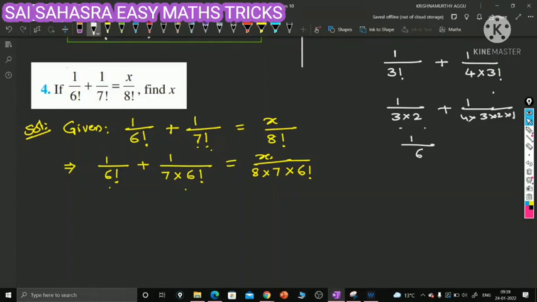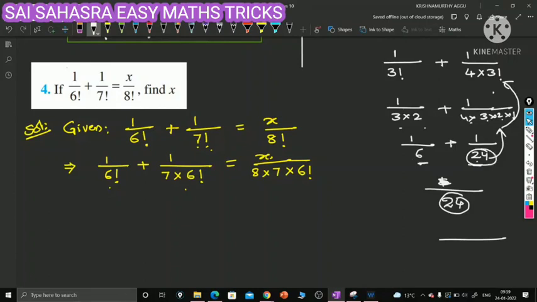Further, 3 into 2 will be 6, plus 1 by 4 into 3 into 2 into 1 will be 24. And LCM will be LCM only, don't write the numerator. What is the LCM of 6 and 24? 24 is the LCM. What does that mean? 24 can be written as this one only. So in the denominator what you are going to get is 24, and 24 means 4 into 3 factorial.